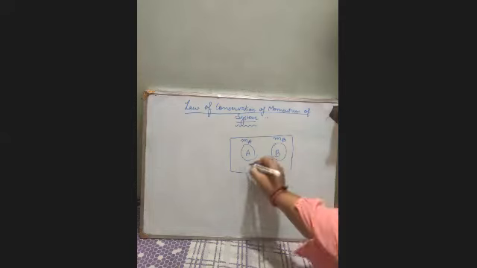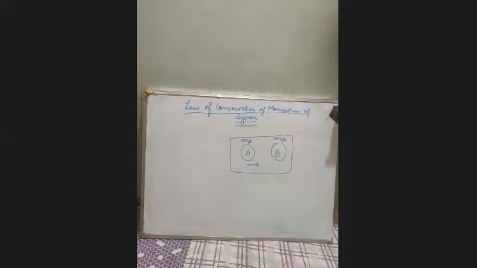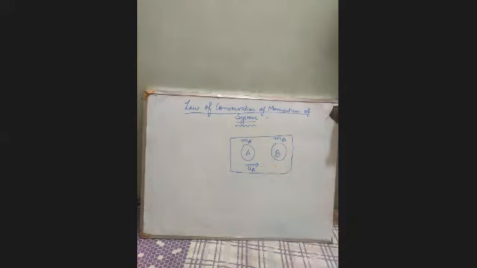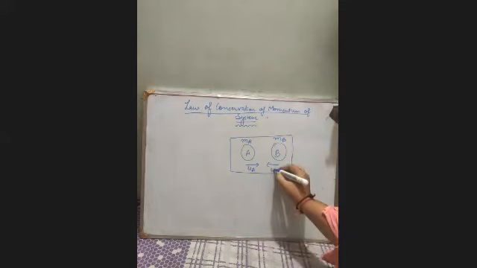And object A is moving with the velocity ua and object B is moving with the velocity ub.